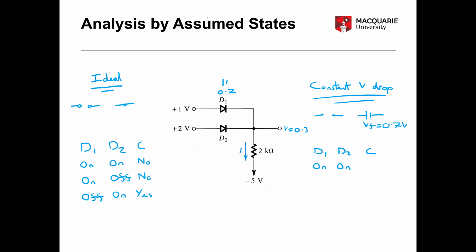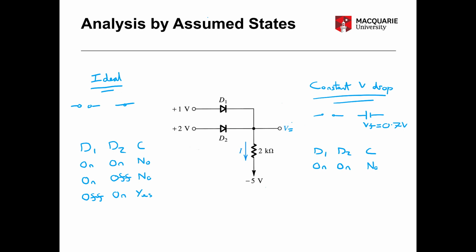If D2 is also on, then we have a 0.7 drop across there, meaning our voltage would be 1.3. So once again we have an inconsistency here, and these two things can't occur at the same time. So that would be a no in the C column.